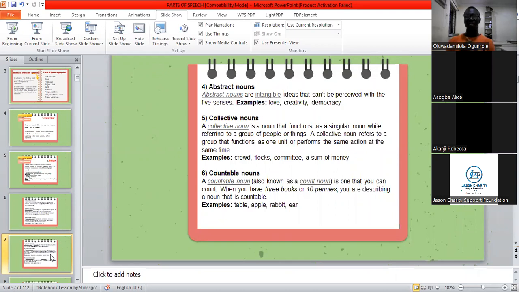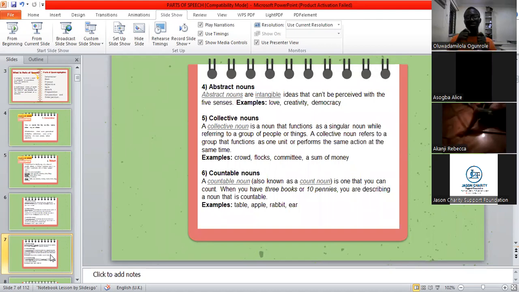Now, someone once asked me a question one day, and then he said, "Why do we have crowd and why do we have people?" And then I tried to put a clear difference there. That it is wrong for you to say a group of people. It is wrong for you to say a group of people because people, in its sense, it means a group of persons. So it would have been better that we say a people of persons or a crowd of persons.